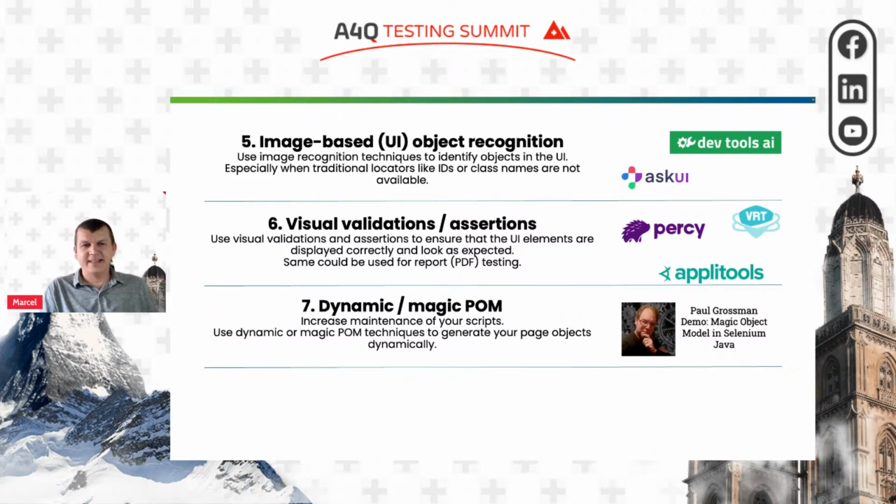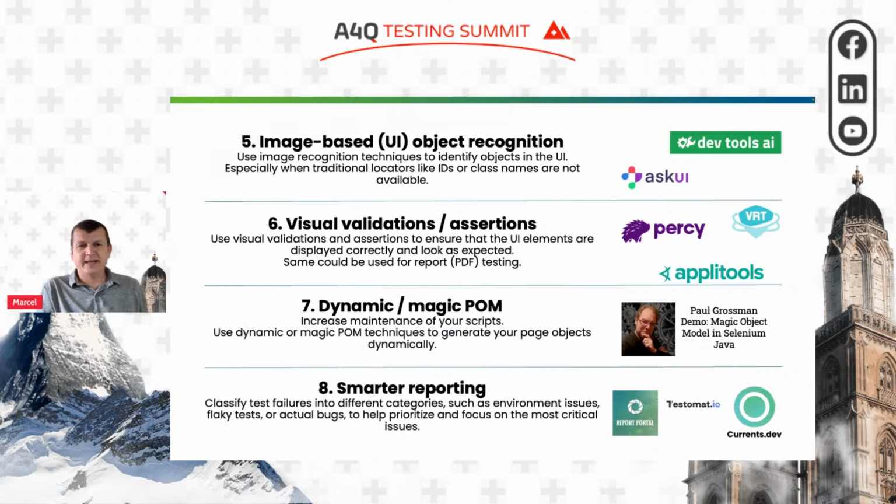Then another pretty interesting idea when you are using page object model is generating this page object model on the fly. Actually, I didn't find any tool. So if you are interested, you could follow this guy, and he has a GitHub repository, I think, with the example.